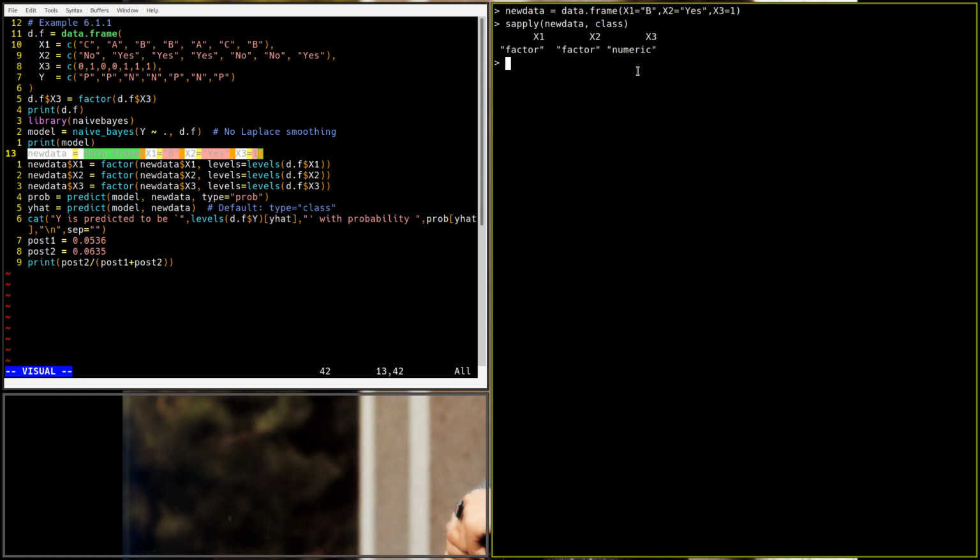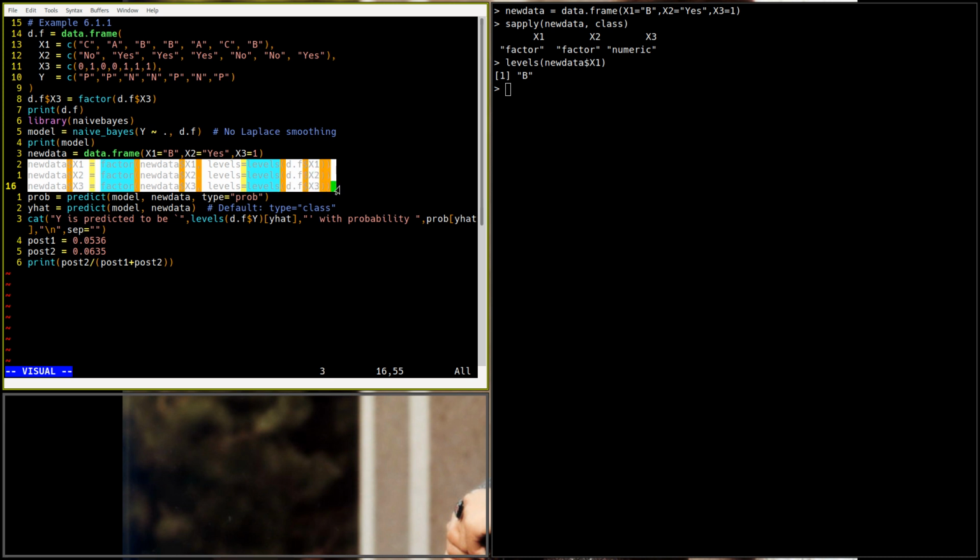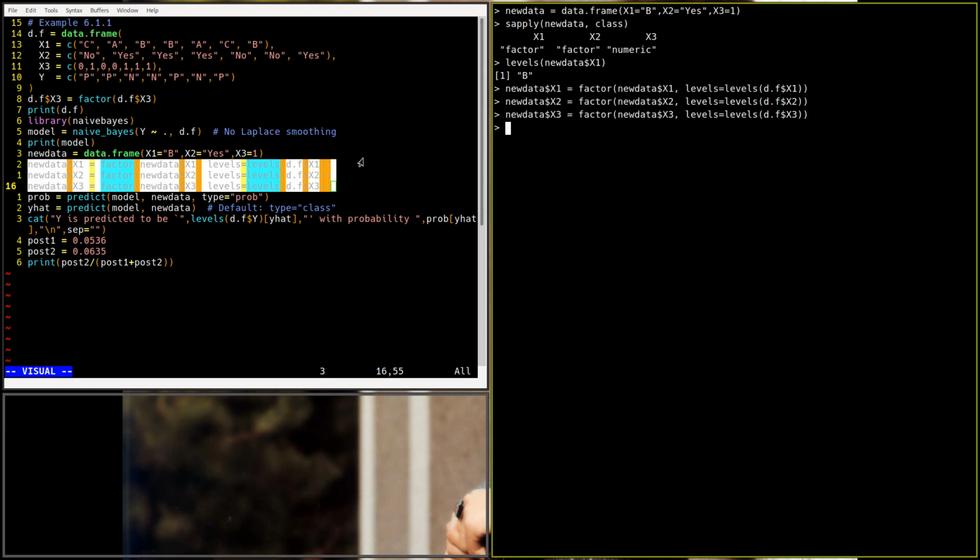But we have to be careful: if we check the levels of the new data's x1, we will find that it only has one level. So we need to change it to follow exactly the levels found in our original data frame. That's why we need this tree.